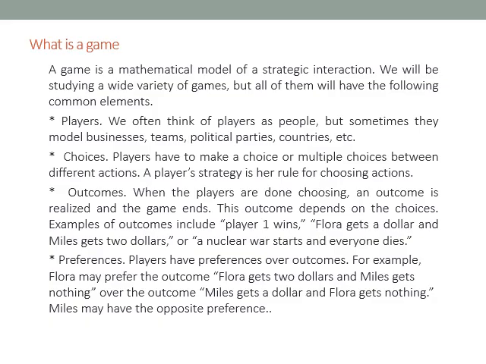When the players are done choosing, an outcome is realized and the game ends. This outcome depends on the choices. Examples of outcomes include player 1 wins, Flora gets $1 and Miles gets $2, or a nuclear war starts and everyone dies.